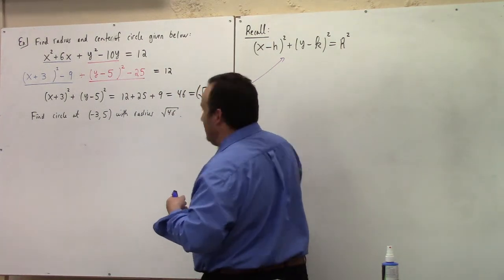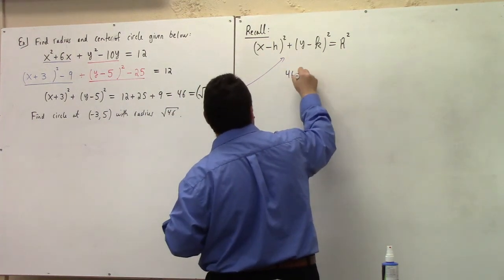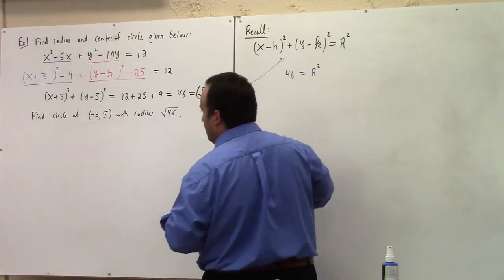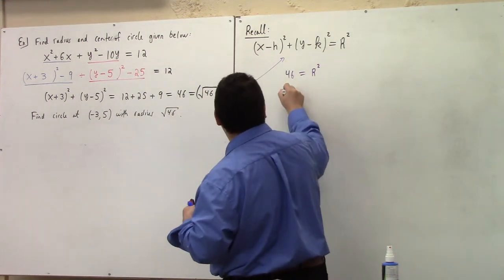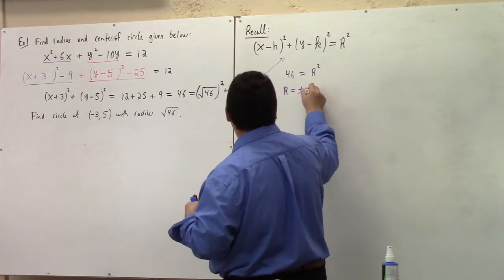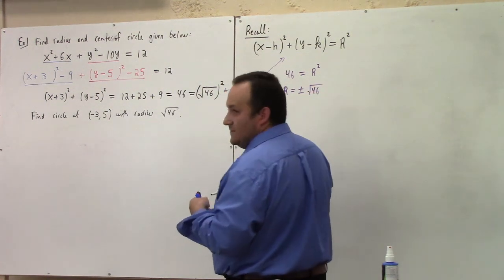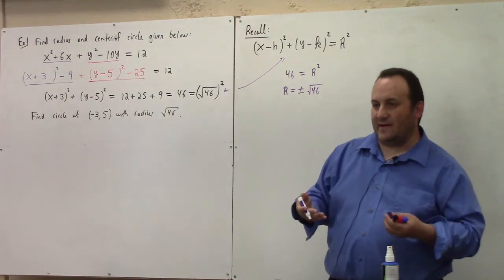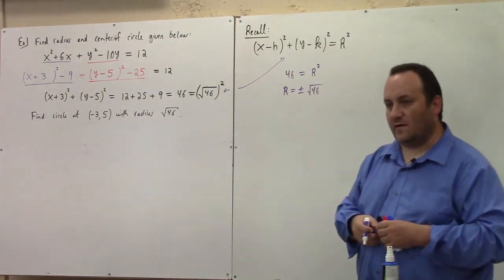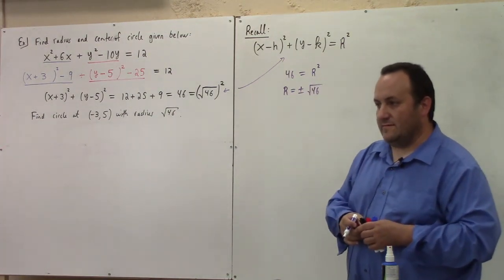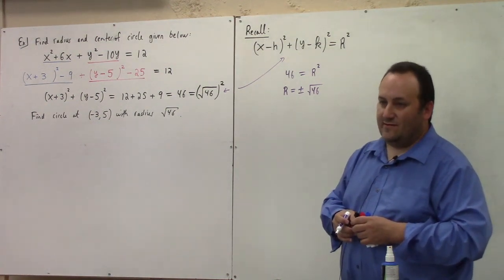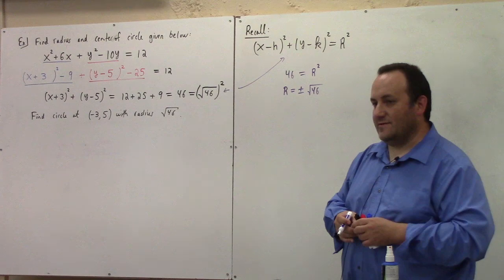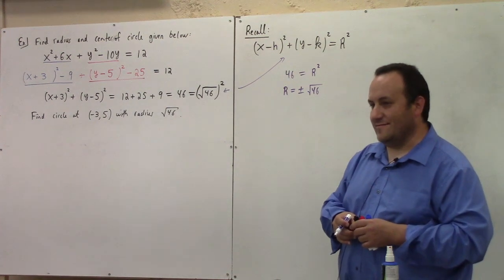Another way you could look at it is we could say 46 equals r squared, right? So if I solve for r, what does that give me? r is plus or minus the square root of 46. But we assume r is positive, so we choose the positive solution. If somebody tells you the radius of the circle is -3, you're going to tell them, shut up, go away. No, not allowed.